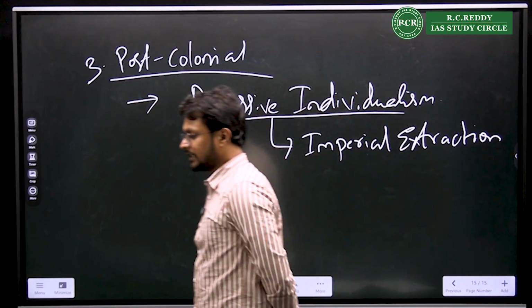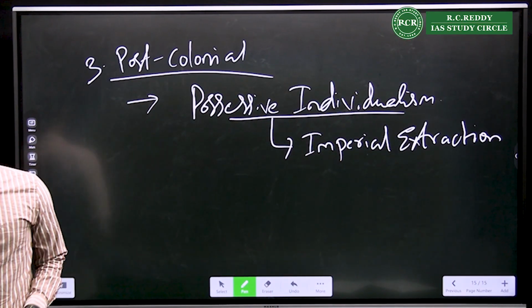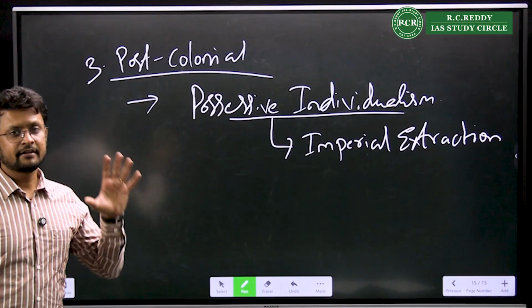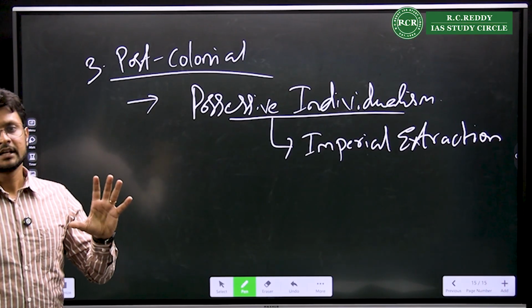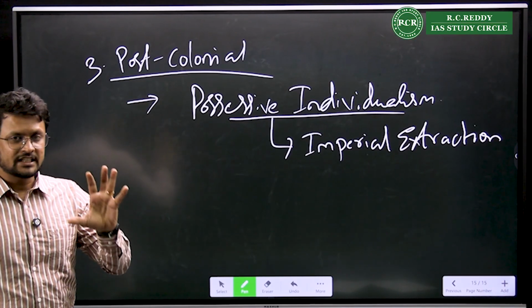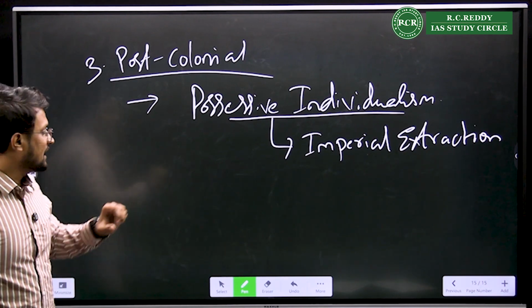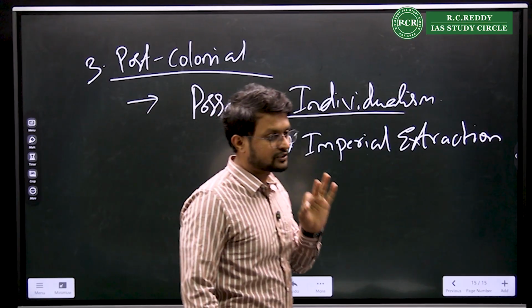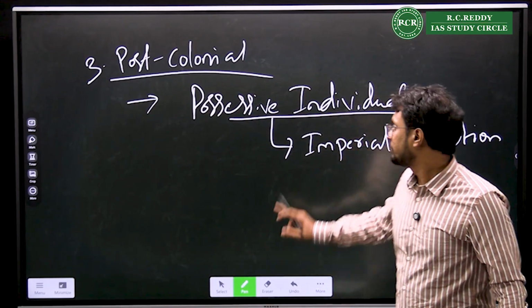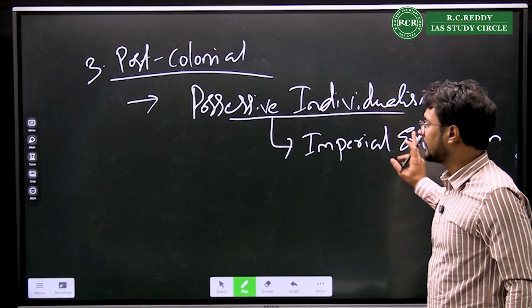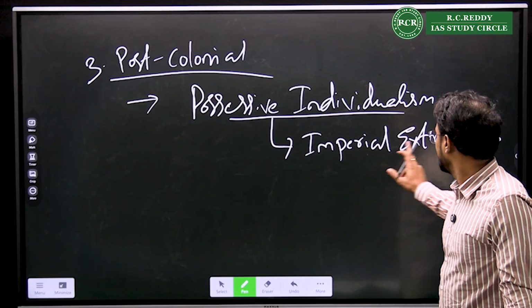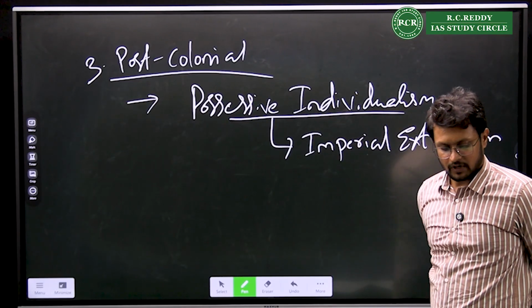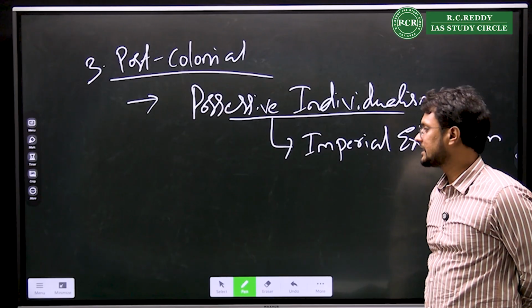You can trace back this possessive individualism almost to Hobbes, everyone going for satisfaction of appetite and hence leading to imperial extraction. Hence excessive focus on liberty, or possessive liberalism, calls for imperial extraction, and post-colonial scholars are against it.